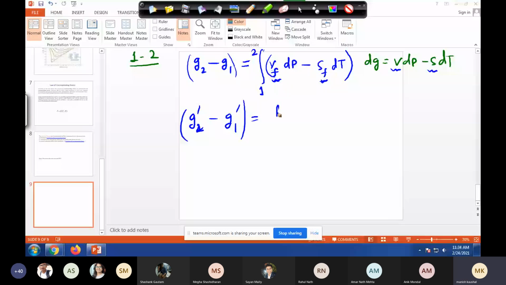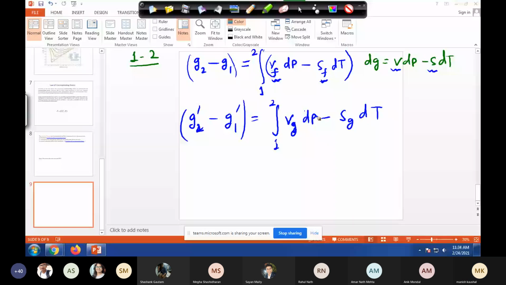And G2 minus G1 we can write for 1 dash to 2 dash, which is the same as 1 to 2. This time it's Vg because we are writing for the gas side: Vg dP minus Sg dT.